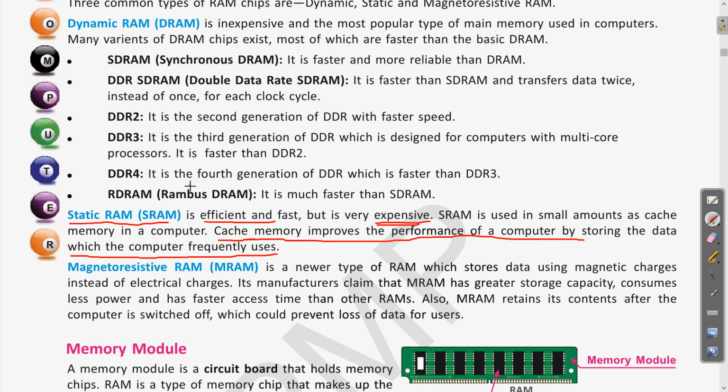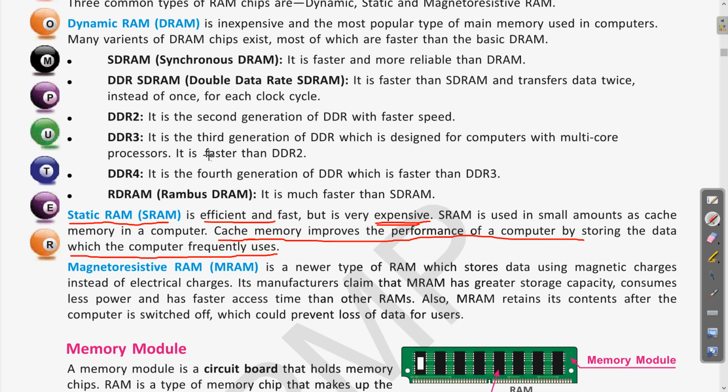So this way the processing, or you can say the performance of the computer, is enhanced. Clear? So static RAM, as we have seen, is more expensive and much more efficient and faster, and it is used for making the cache memory.